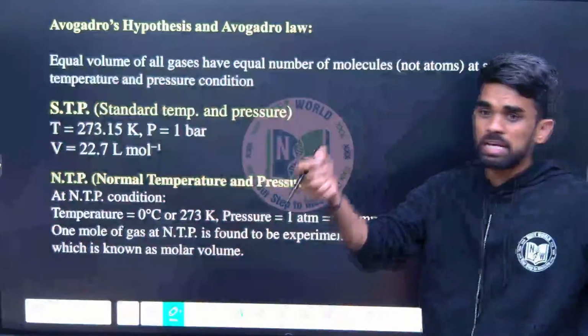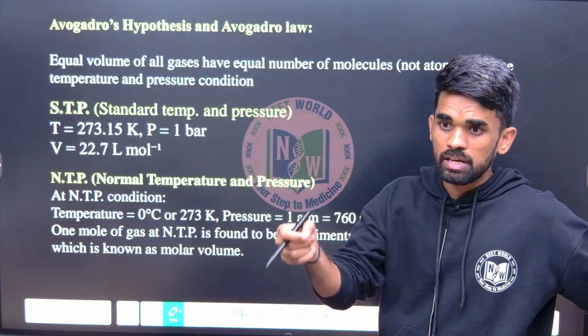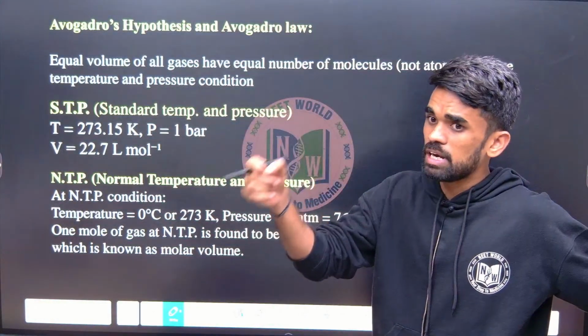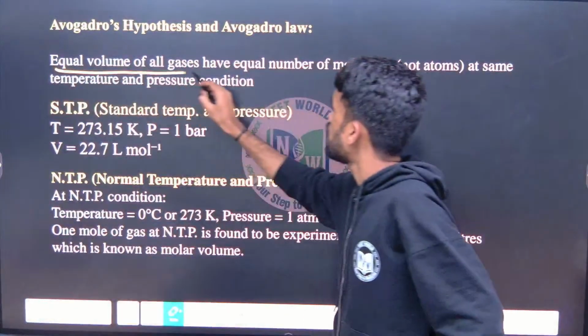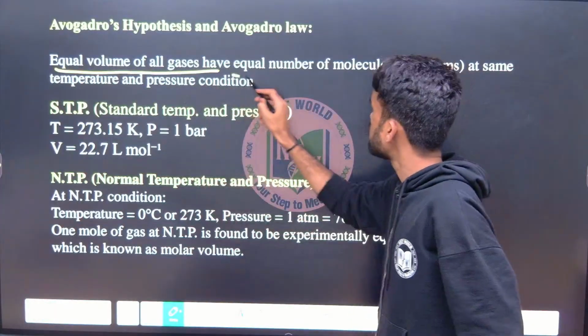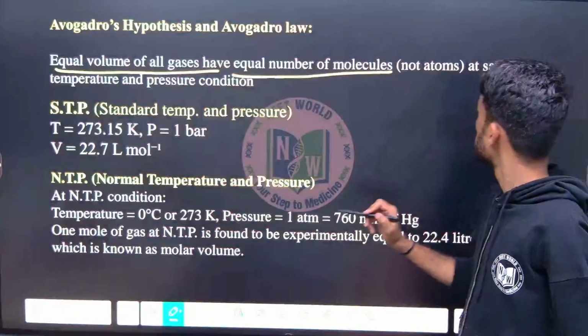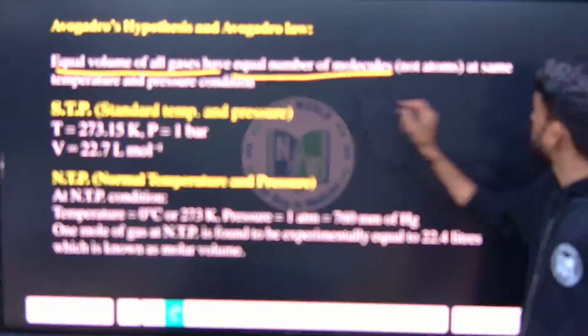Avogadro's hypothesis we discussed now. So what we discussed there? See, at a particular temperature and pressure, equal number of molecules will occupy equal amount of volume. Okay, so that means equal volumes of all gases have equal number of molecules. Okay, not atoms, molecules we are saying at the same temperature and pressure.